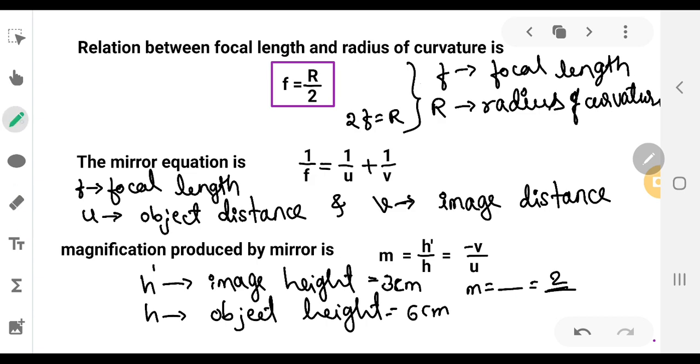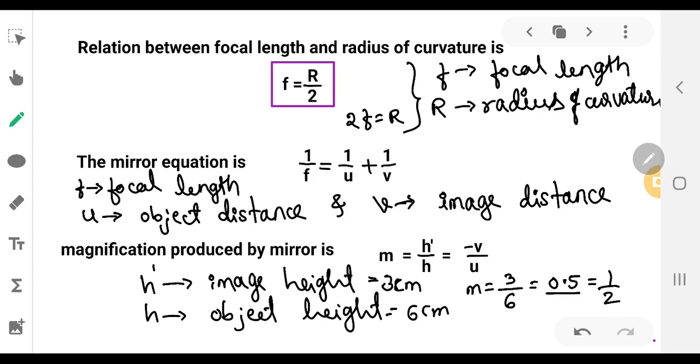The magnification will be h dash by h. It is 3 divided by 6, which will be 0.5 or 1 by 2. 0.5 means half. The image height is reduced to half that of the object size.